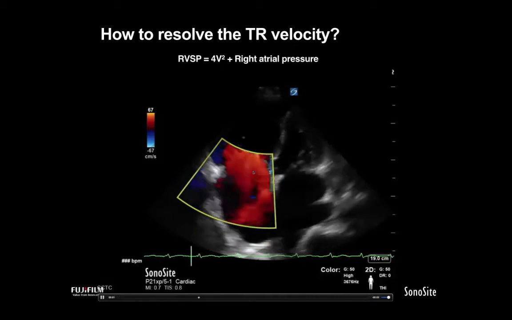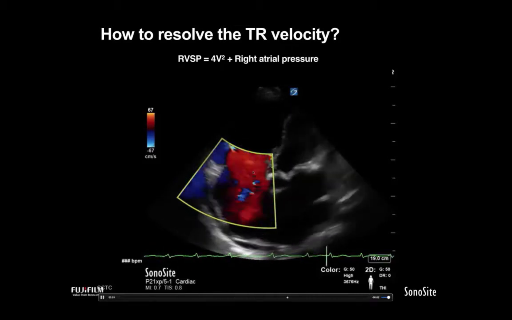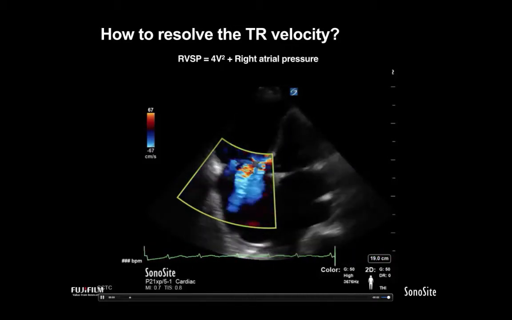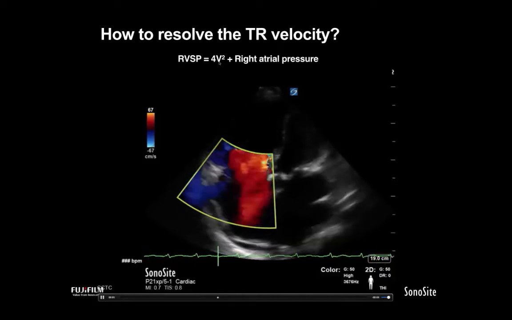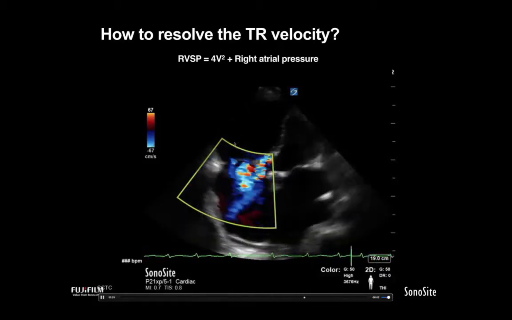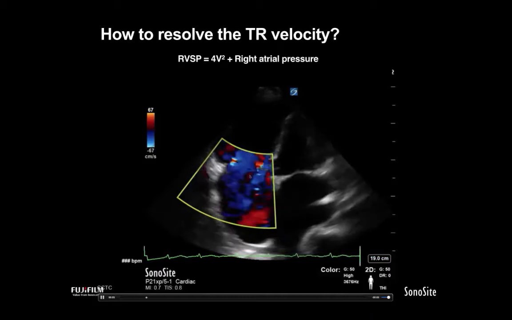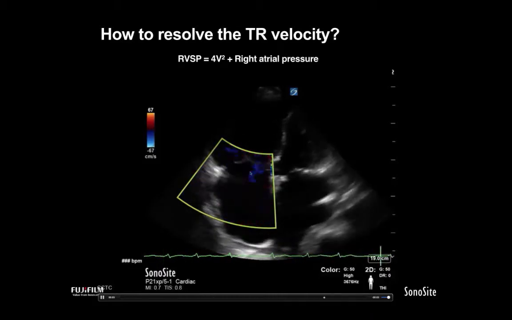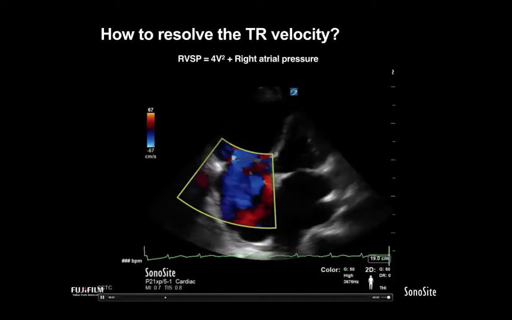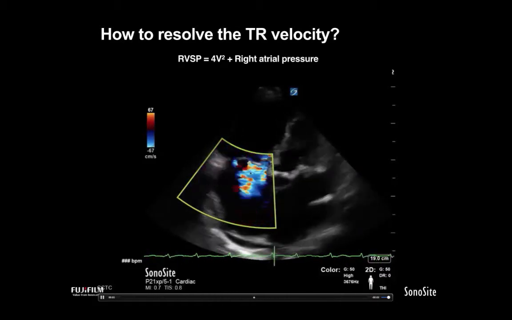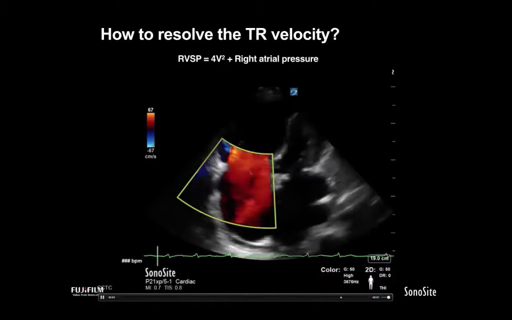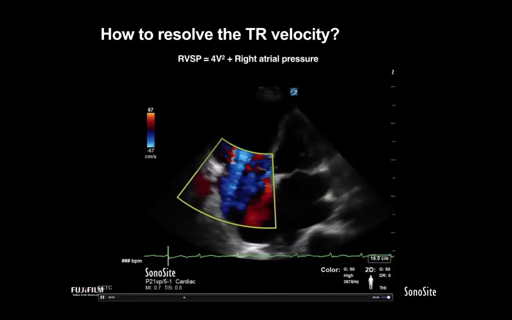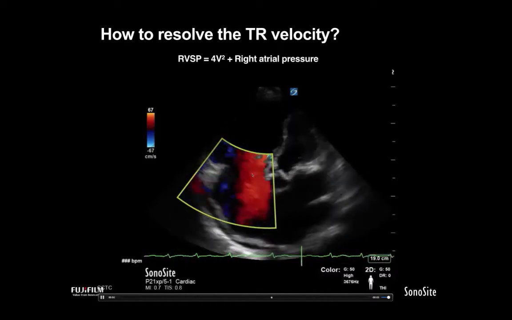So the tricuspid regurgitant jet is the window into that pressure gradient, as I told you. And the V in this equation stands for velocity. So really, we just need to understand the velocity of this jet. And if you watched the Doppler module, you'll recall that determining the velocity of flow requires spectral Doppler.